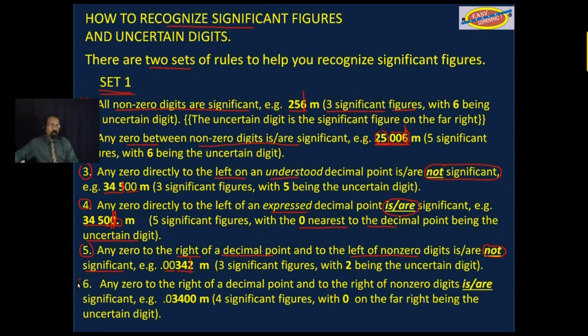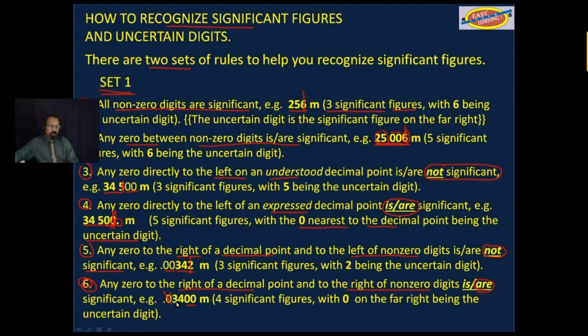And finally, for this set of rules, Rule 6, any zero to the right of a decimal point and to the right of non-zero digits is significant. So the number 0.03400. From Rule 5 up here, we already found out that the leading zeros are not significant.